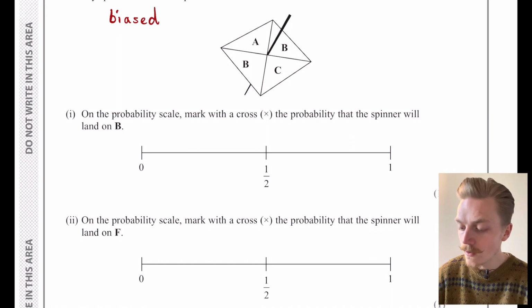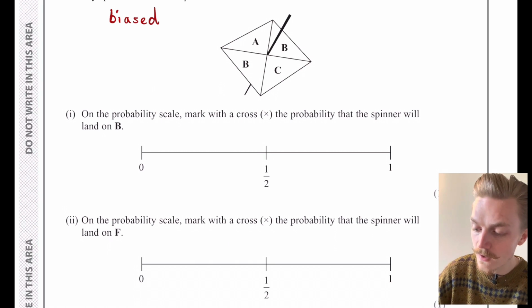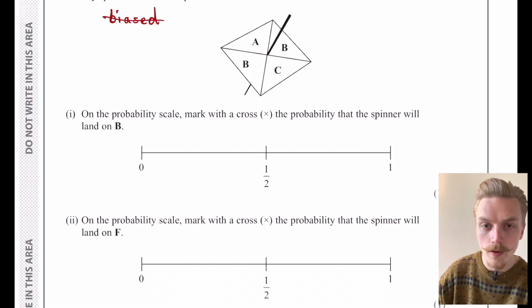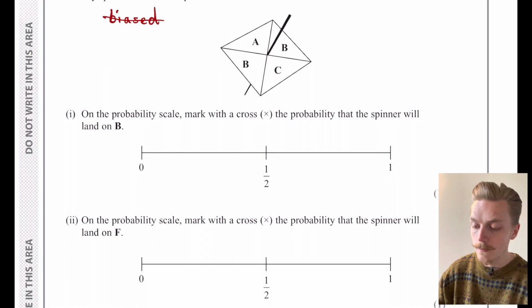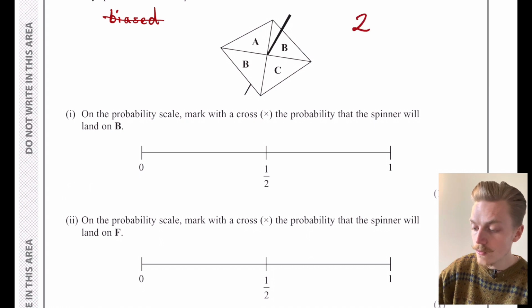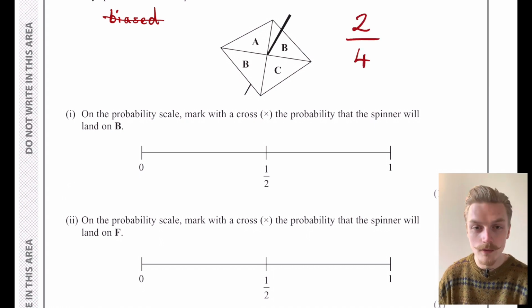So this is not a biased spinner. It's a fair spinner, which means all these possibilities have an equal chance of happening. And I've got 2 possibilities that are a B. I've got 2 B's there. So that's 2 out of 4 total options, 2 out of 4.